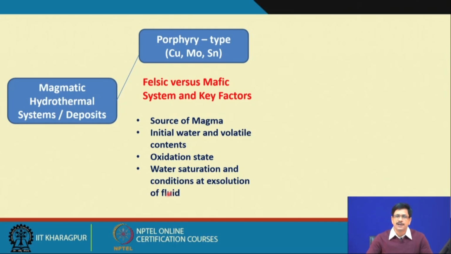Another important parameter with this system is water saturation. When the calcalkaline magma undergoes crystallization, in the initial stage there is a dominance of nominally hydrous minerals like amphibole, or other anhydrous minerals, which are crystallizing. With a substantial proportion of crystallization, the residual melt gets enriched in volatiles and reaches saturation.